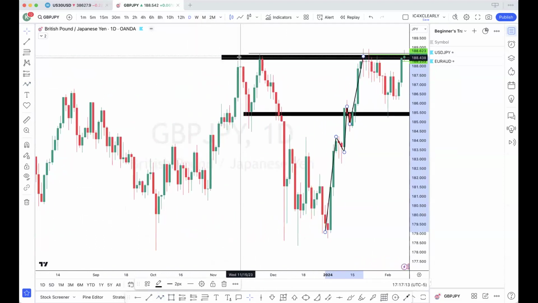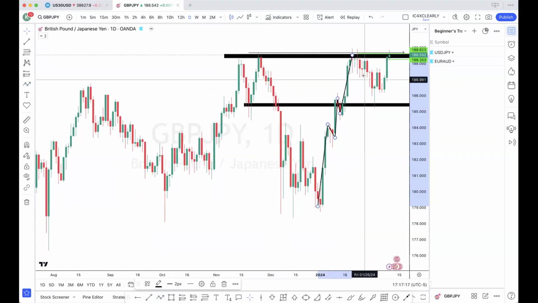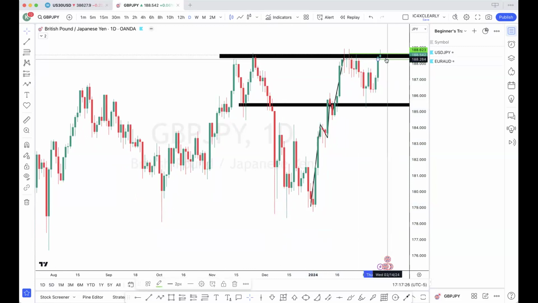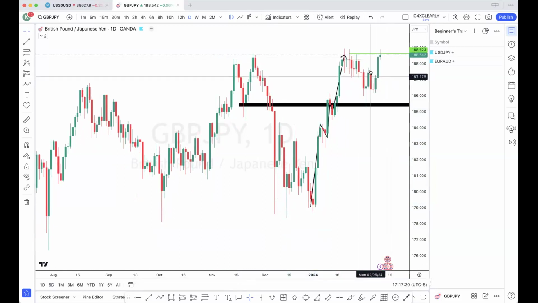Just because price came, reacted, it came back, reacted. Now again, price is here again. So I'm expecting a reaction, whether it's to the downside or to continue to the upside. Okay.